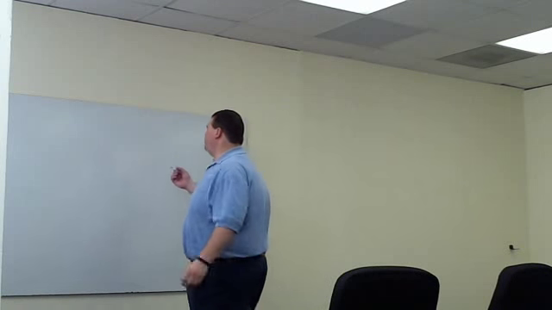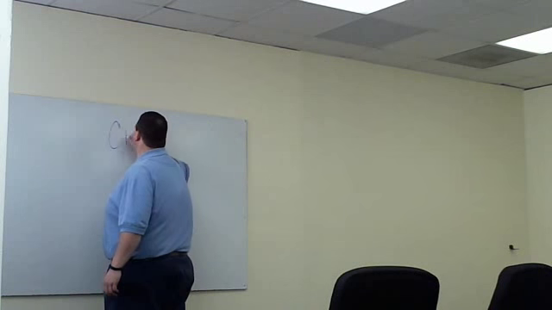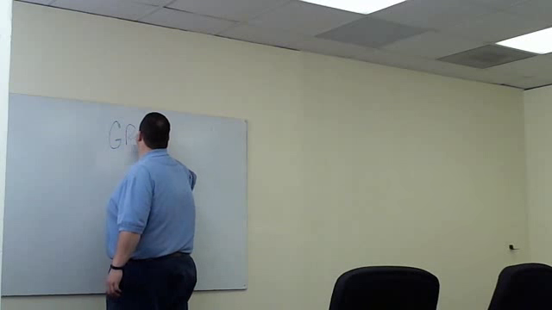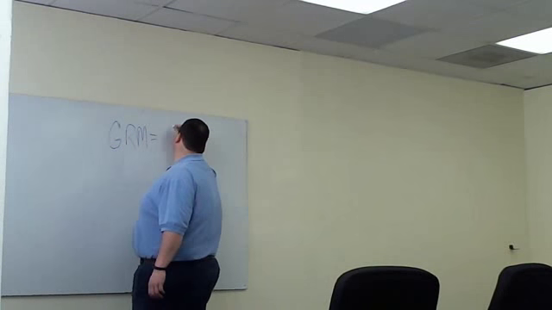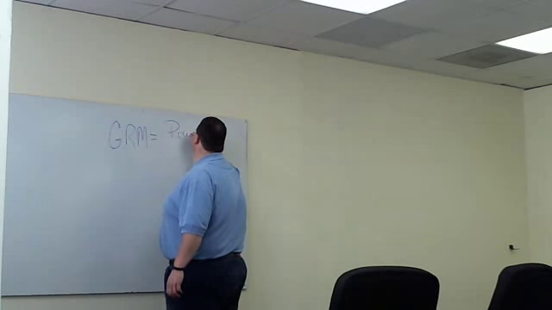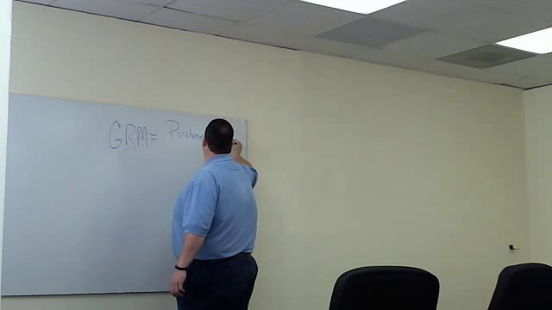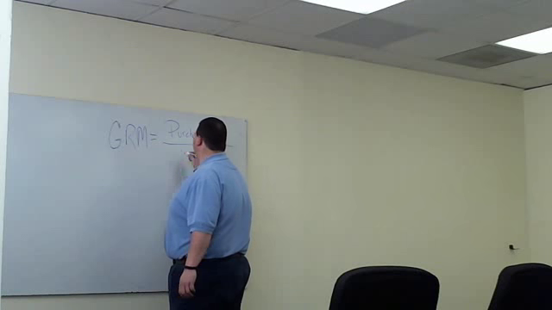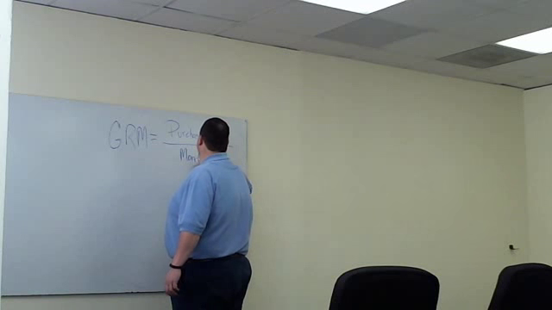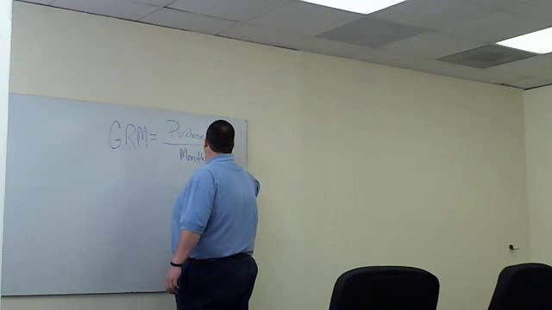The gross rent multiplier, or GRM, equals the purchase price divided by monthly rent. There's another income capitalization approach.